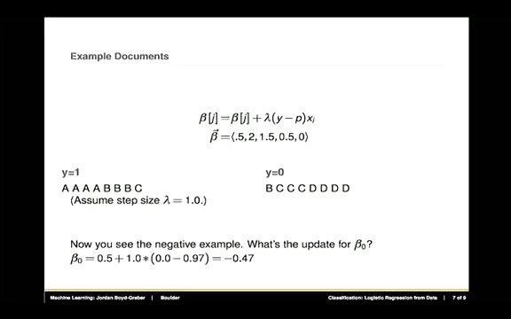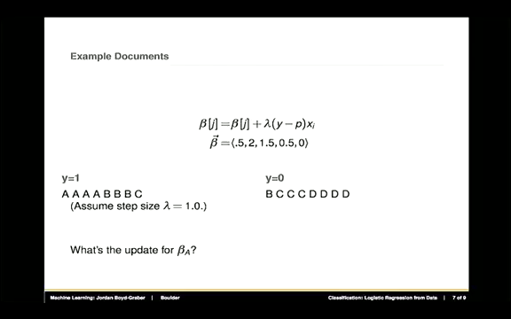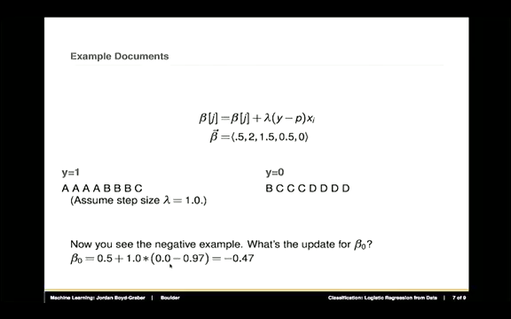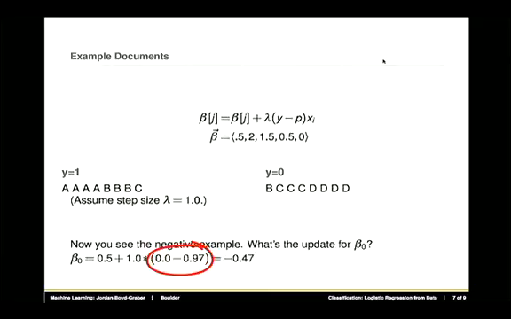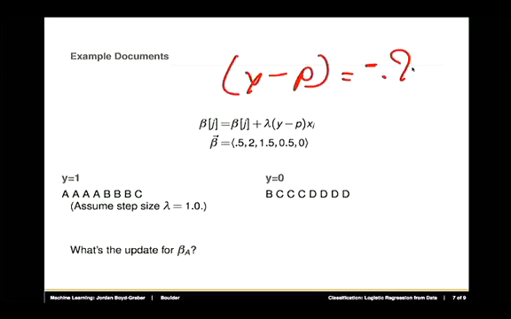And so now let's do the update for beta A. Now that we know that y minus p is negative 0.47. Well, there are 0 A's. Same as it was before.